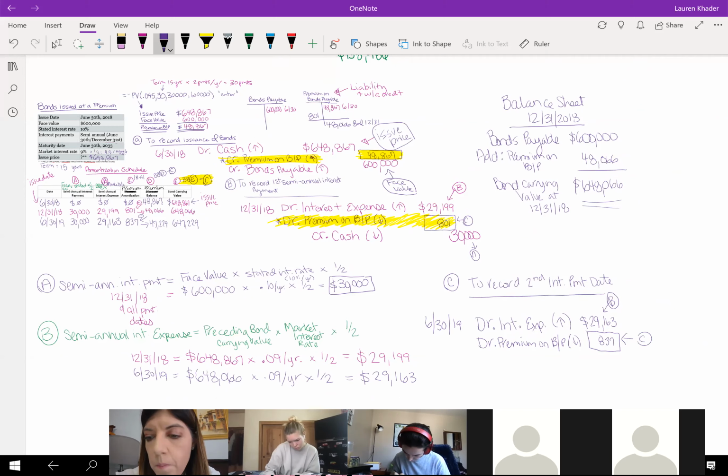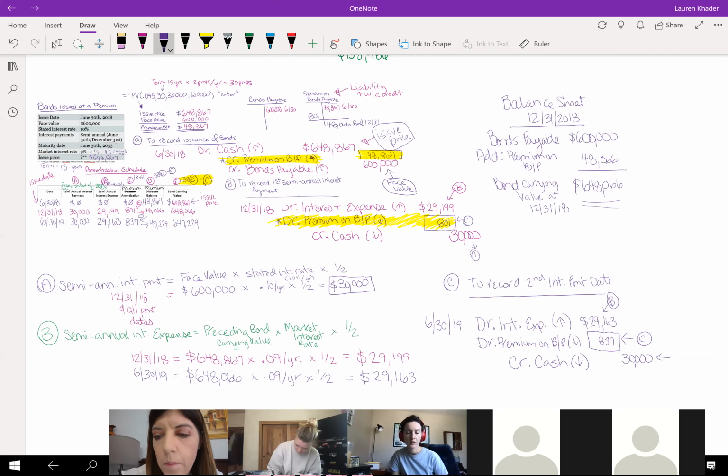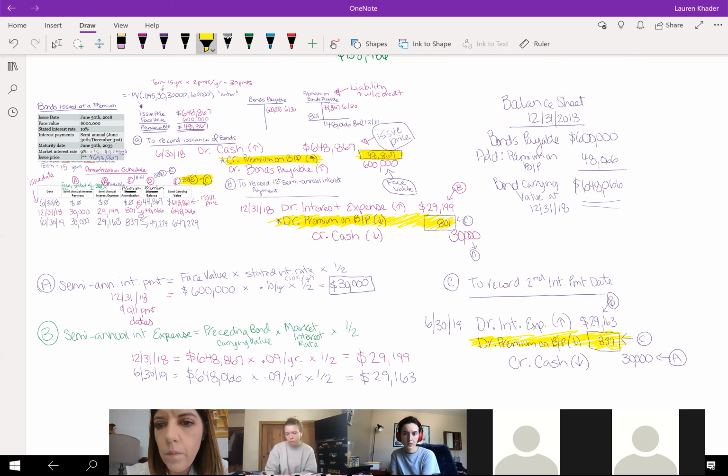Column C, we're going to credit cash because we're paying out cash on this date, reducing cash by 30,000, which is from column A. And I'll just highlight this again, showing you the difference. I'll also highlight over here, showing you that you're adding and not subtracting.